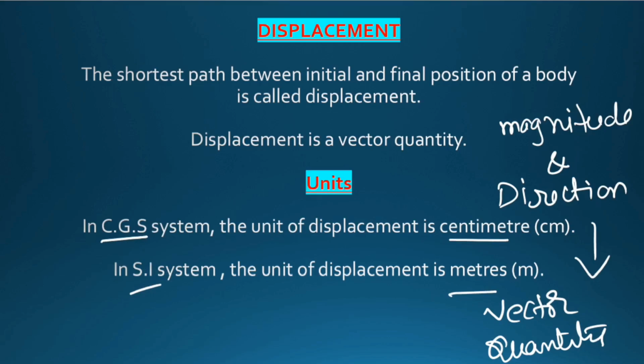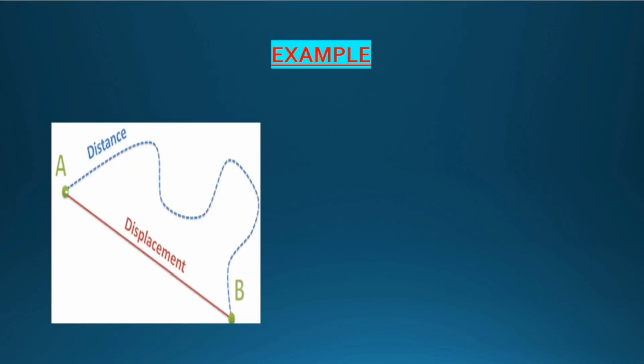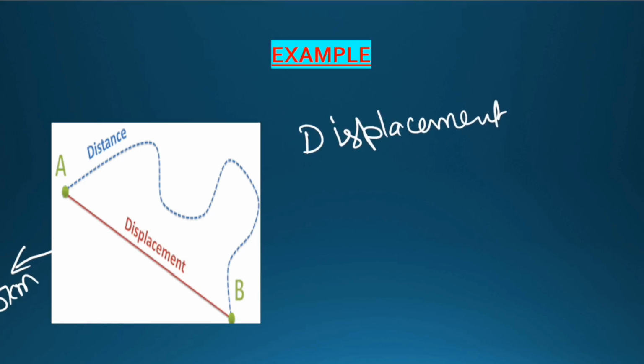Right? Now, see an example. Here, the displacement, for example, I am writing 5 kilometers. Displacement is the shortest path: the shortest length between the initial point and the final point is called displacement.